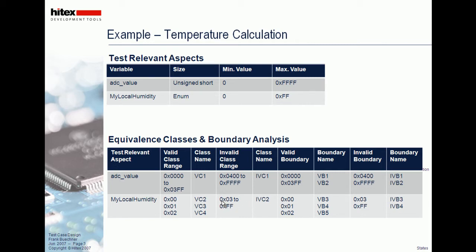So all the numbers between 0x03 to 0xff fall within a class which we've called IVC2, or invalid class 2. Similarly, we have some boundary values. In this particular case, the 0, 1 and 2 are also boundary values as well as discrete classes, and of course we have some invalid boundary values as well of 3 and 0xff.